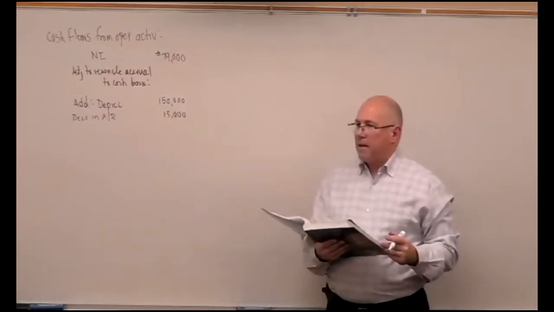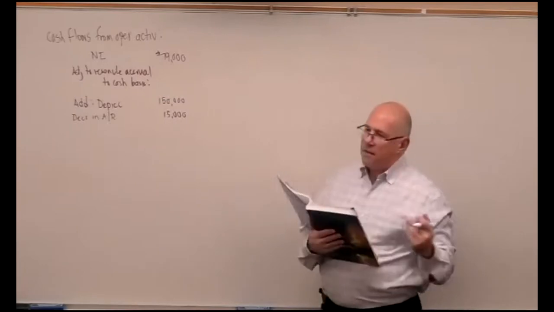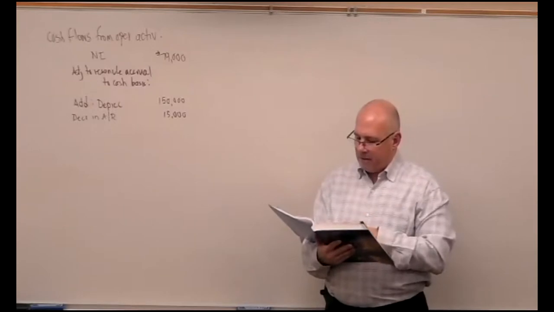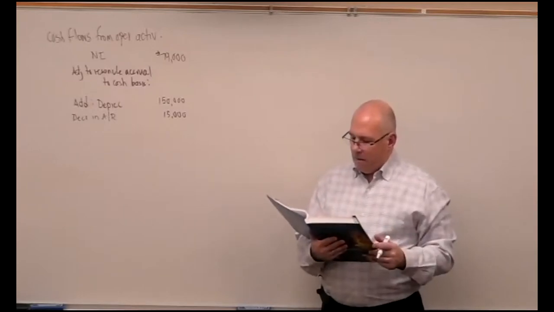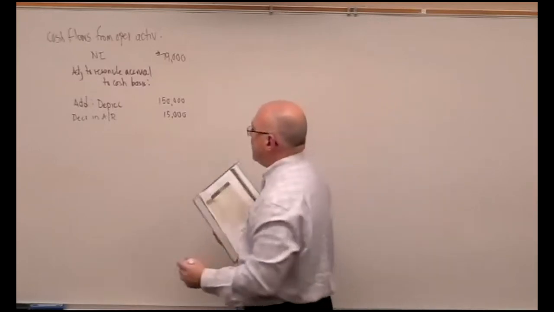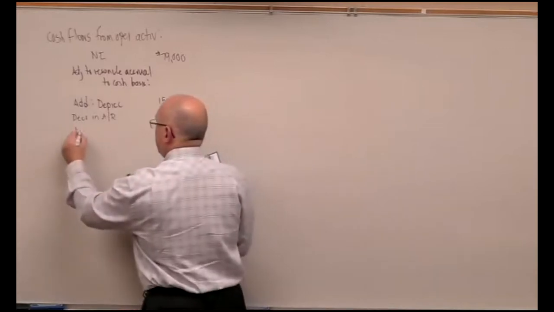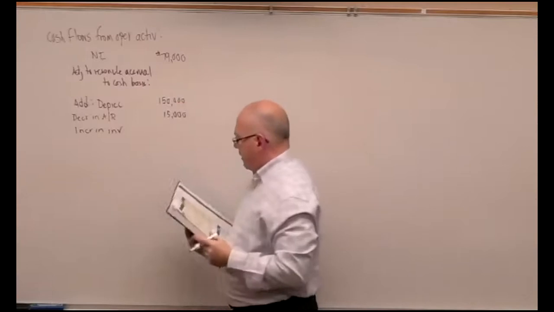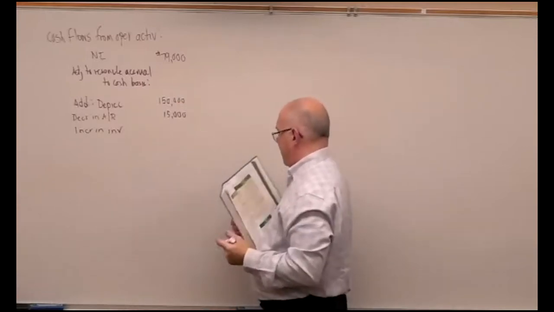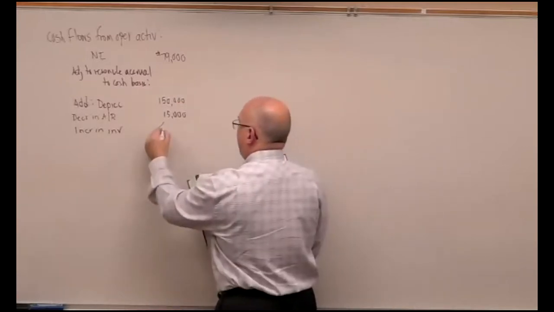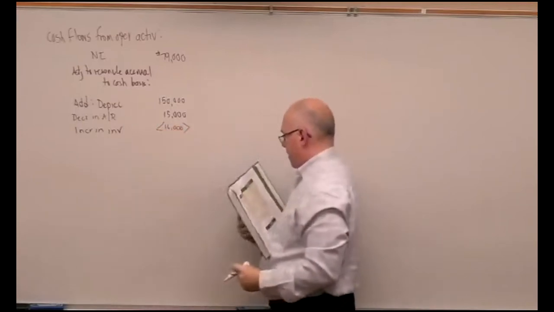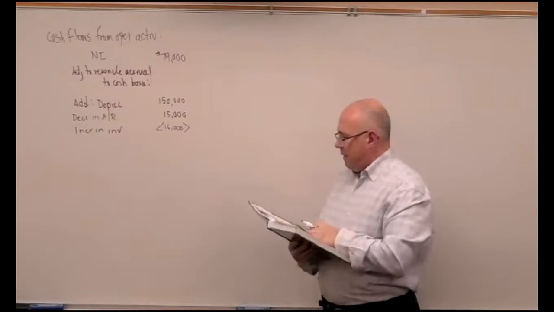So what we're doing is we're taking the changes in the current assets first, then we'll do the changes in the current liabilities. Then we have an increase in inventory. How much did inventory go up? $16,000.